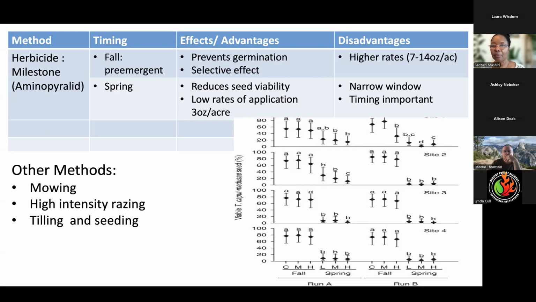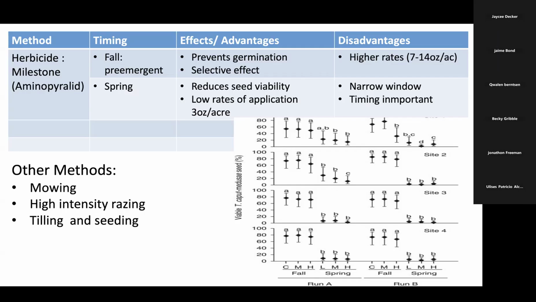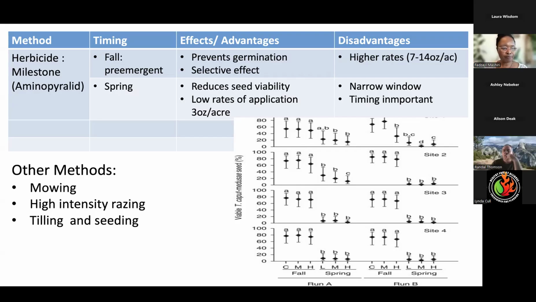Which means that at the end of the season, the amount of viable seeds deposited into the soil is less. And also the advantage is that the application is at a lower rate, so more affordable to more people.